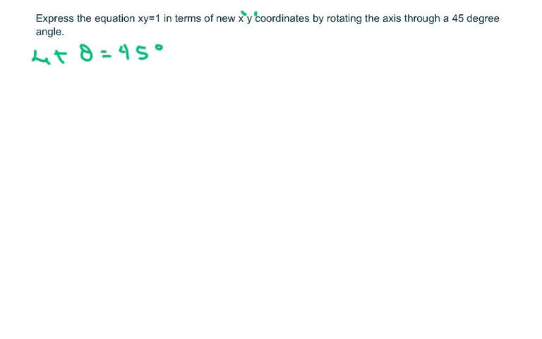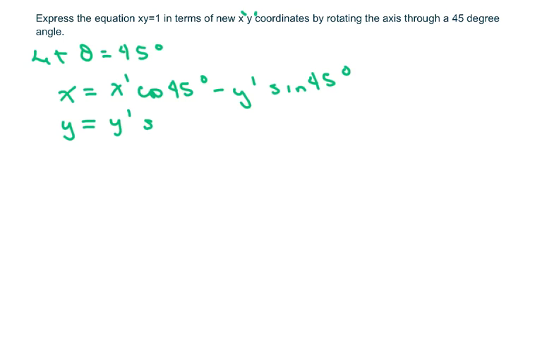So x equals x prime cosine of 45 minus y prime sine of 45 degrees, and we do the same thing for y: y equals x prime sine of 45 degrees plus y prime cosine of 45 degrees.